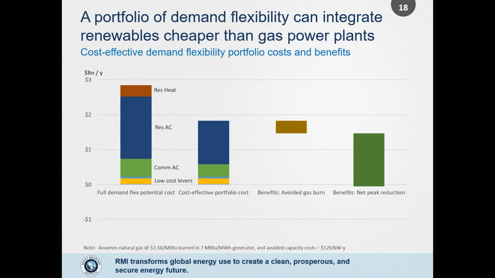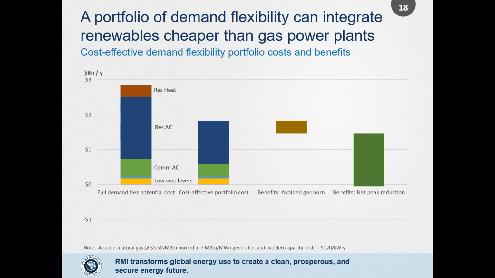And so this far left column here contains that annualized cost of the different demand flexibility levers that we modeled. There are about 5 low cost levers here, and then 3 a bit more expensive levers here. And once again, these were modeled after the other levers, and so that is why you're seeing such a varied price, in the sense that a lot of the flexible potential was soaked up in those previous levers.